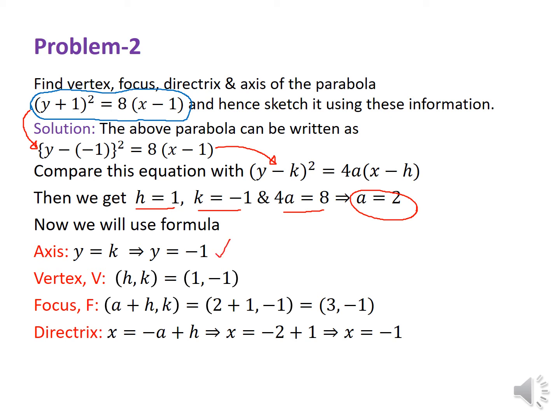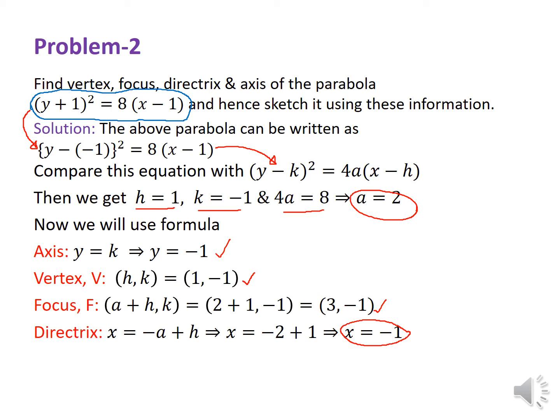Now, using the formula we will find the axis. The axis will be y is equal to negative 1, the vertex is 1, negative 1, the focus is a plus h comma k, which will give 3, negative 1, and the directrix will be x is equal to negative 1.